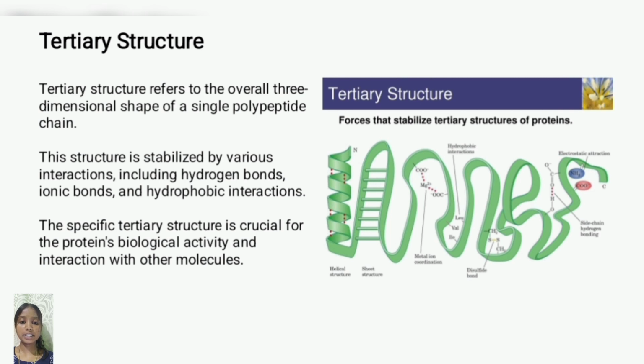There are other interactions like van der Waals forces, which are not mentioned here, but are also helpful. The specific tertiary structure is crucial for the protein's biological activity and interactions with other molecules.